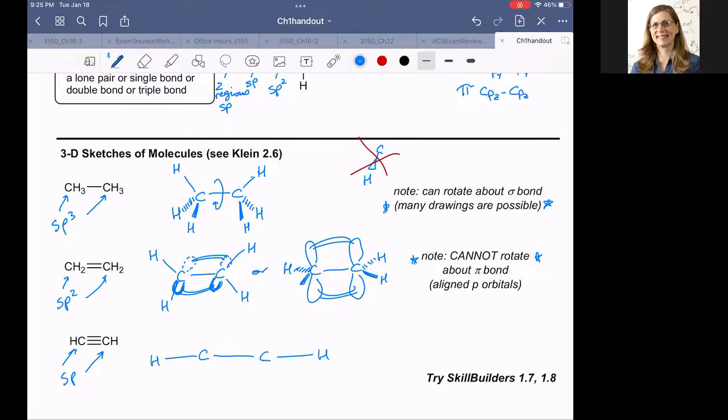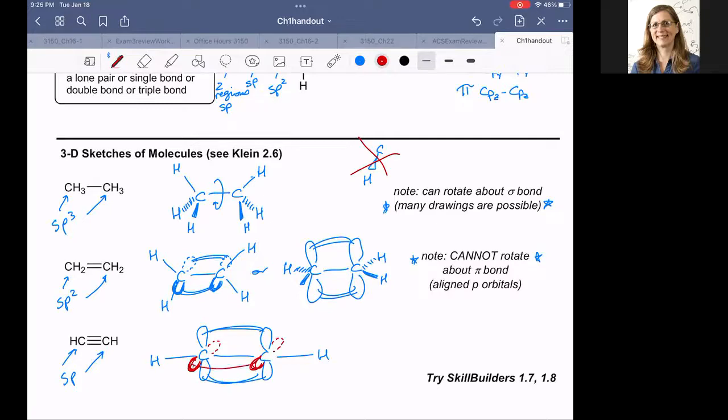Okay, and so those are our sigma bonds. And then to draw the pi bonds, we could draw the py very easily and connect those. And then because I have some colored markers here, I can use that. The PZ is sticking straight out and back and straight out and back, showing that they're aligned.